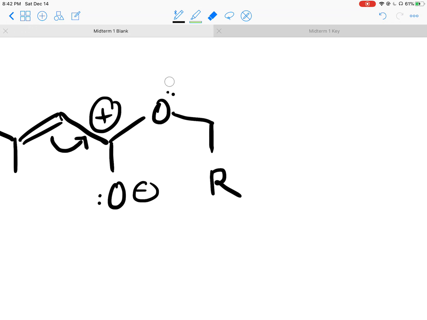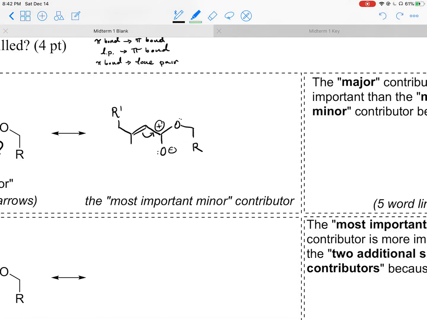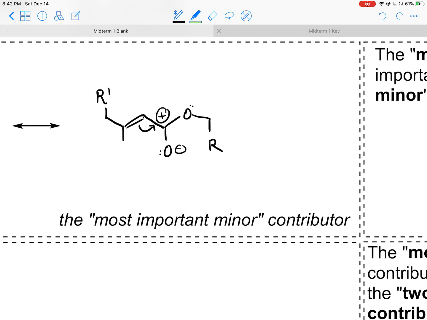So one of them is basically going from a carbocation right here to a carbocation here by moving the pi bond, or moving the electrons that are in the pi bond. So that will look like this, where it's R prime. We've got a carbocation, and there's a pi bond there.